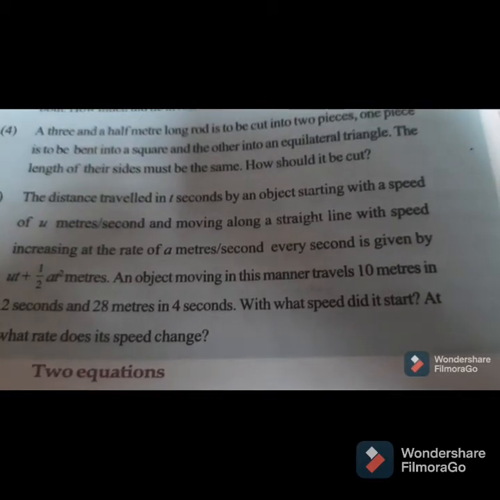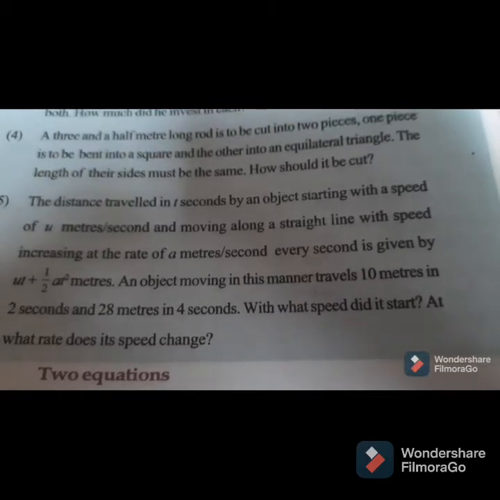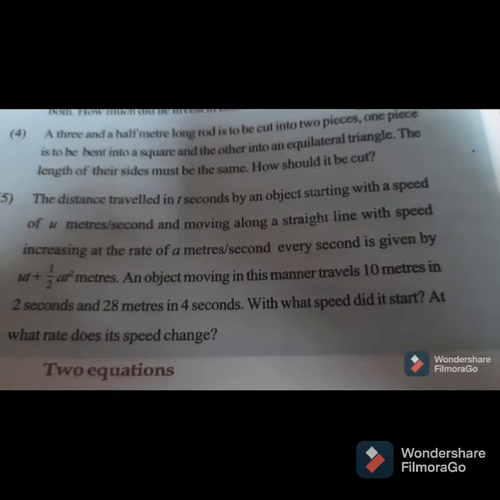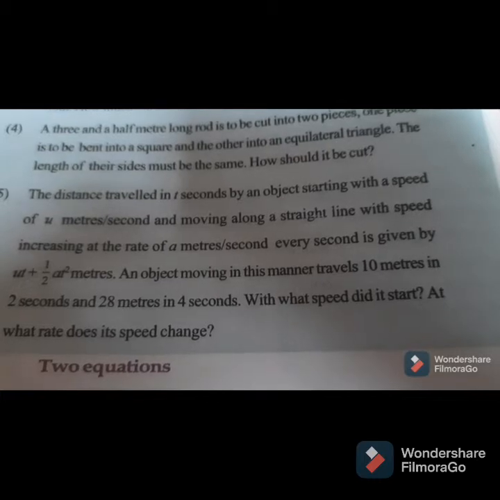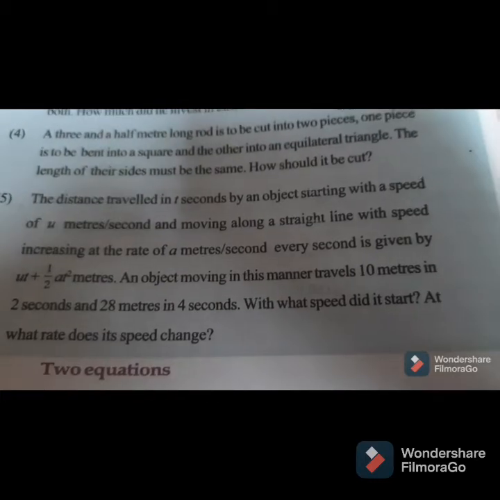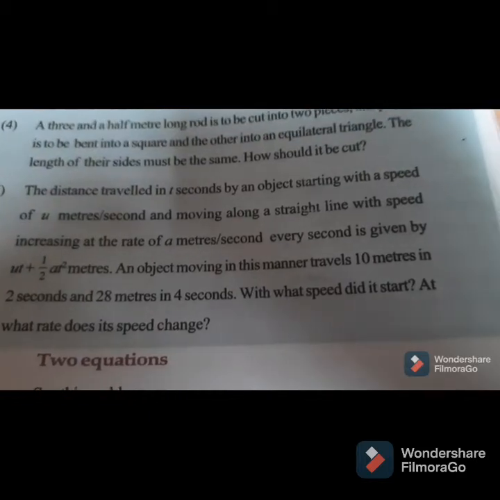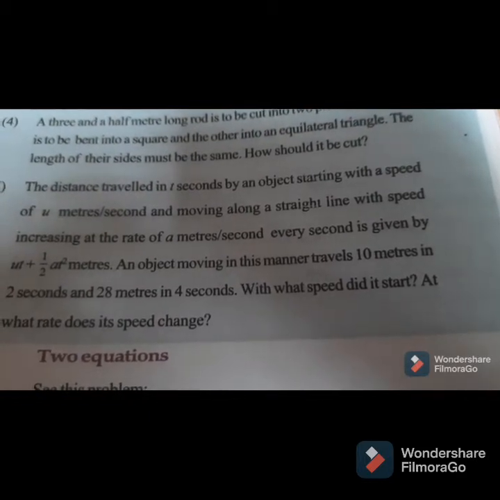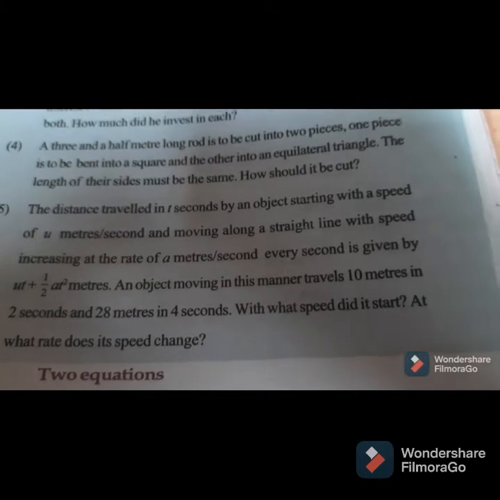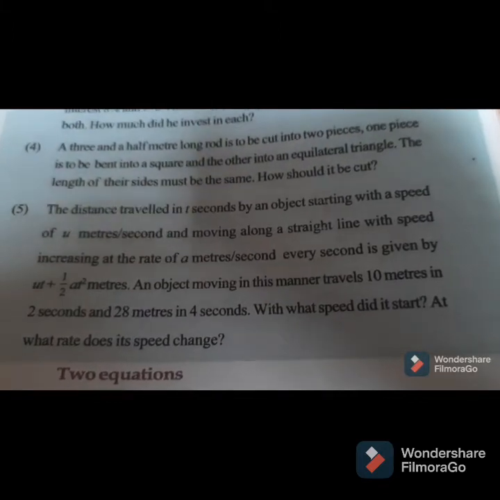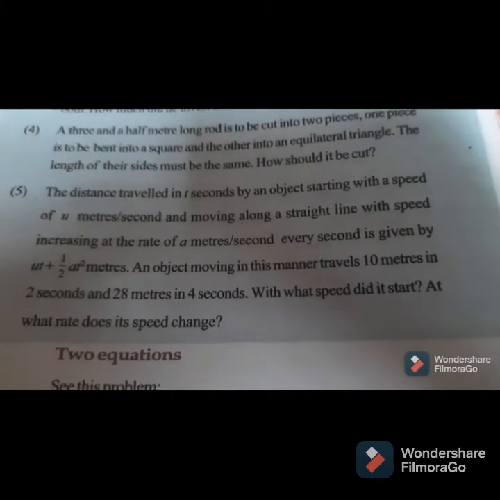An object moving in this manner travels 10 meters in 2 seconds and 28 meters in 4 seconds. With what speed did it start? At what rate does its speed change? So, this question is related to the physics topic.